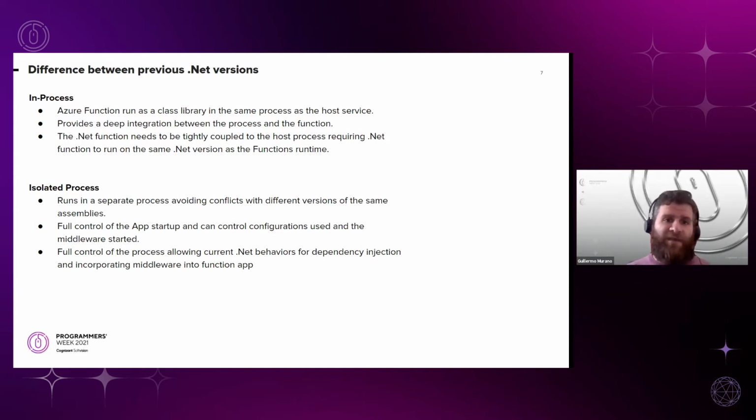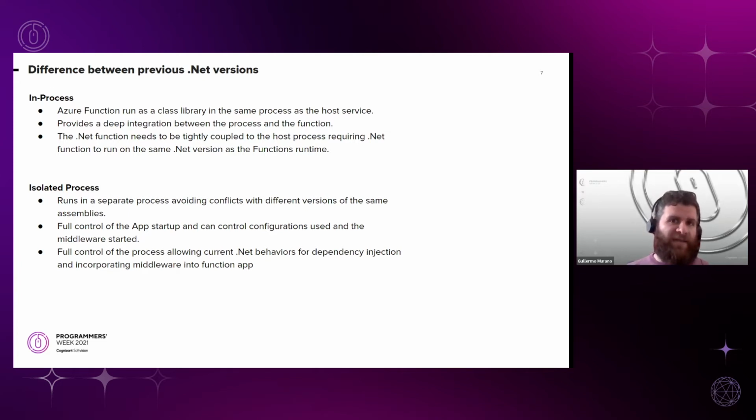So why was this change defined? There are still dependency restrictions on how much of the process is customizable by the user. And in older versions of the functions, there were some dependency conflicts in the libraries. For example, there was a known conflict with the Newtonsoft JSON library.